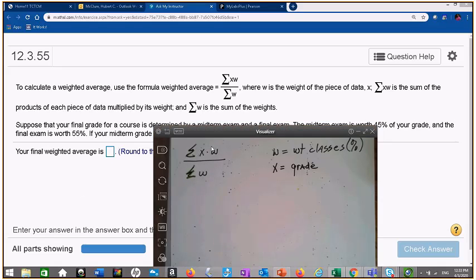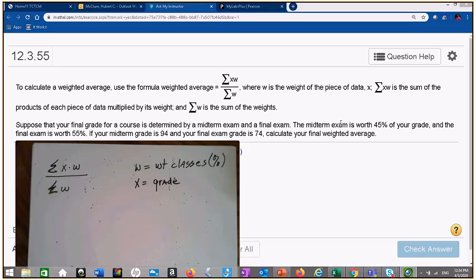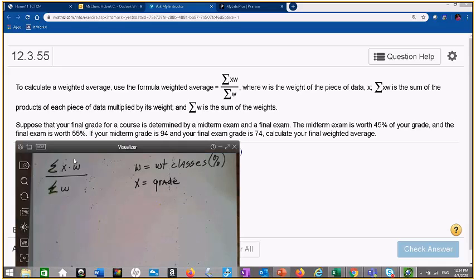That's the directions. Now it says, suppose that your final grade of the course is determined by the midterm exam and the final exam. The midterm exam is 45% of your grade, and the final exam is worth 0.55. So here we go. We're going to put it in the formula.